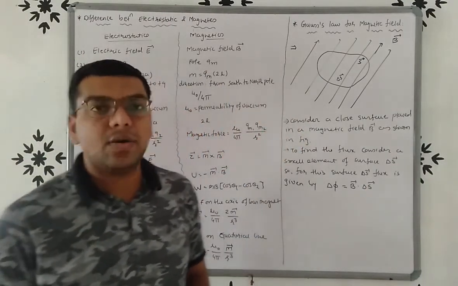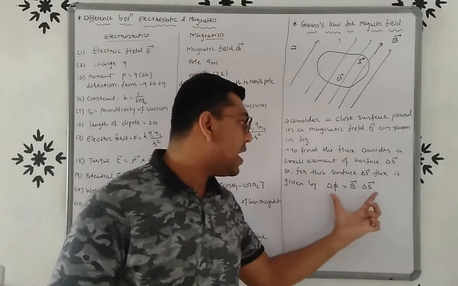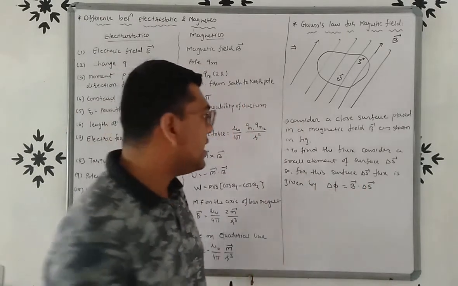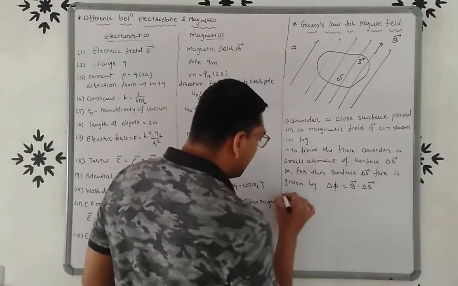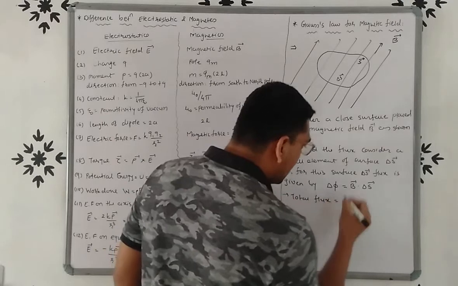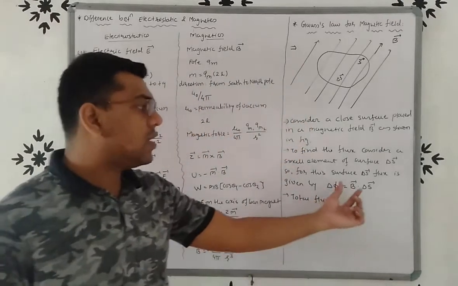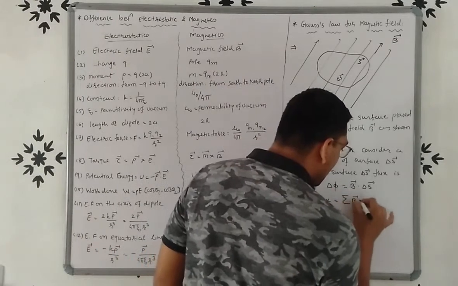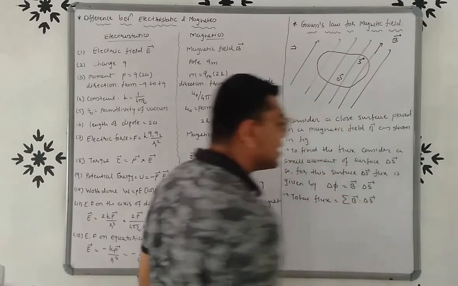So to find out total flux, we have to take the summation of this equation. So total flux is equals to summation of B dot delta S, right?